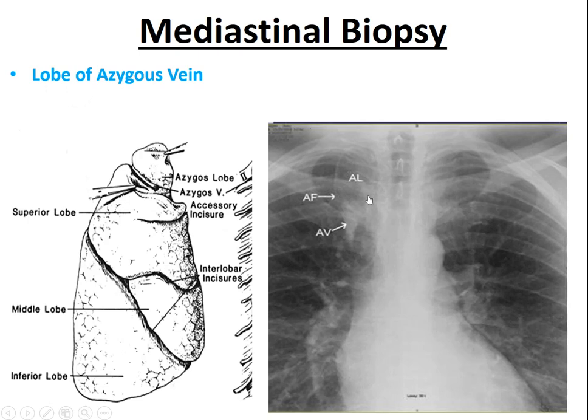In X-ray it looks like a hilar lymph node enlargement. So although it is the azygous vein, we may consider it a lymph node, and if you take a biopsy from that, it causes alarming hemorrhage. So we have to take that into consideration.